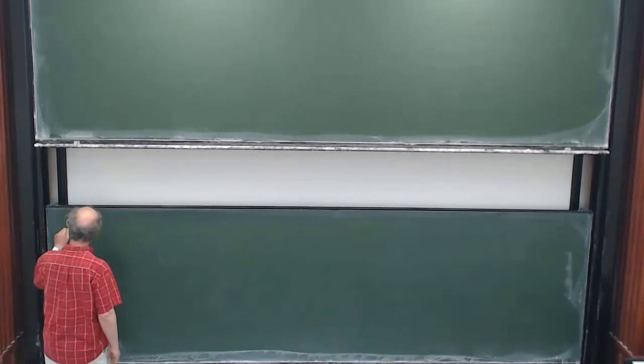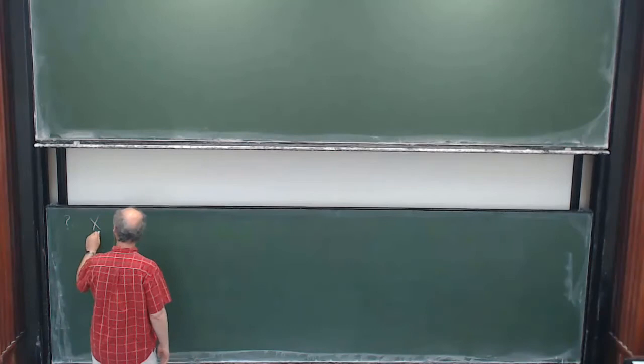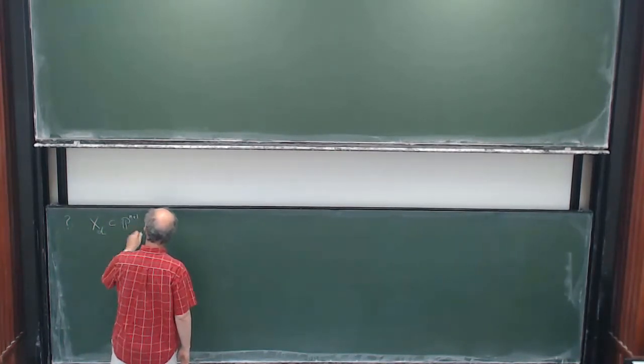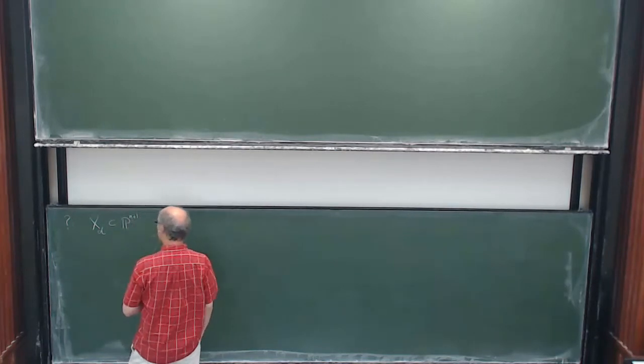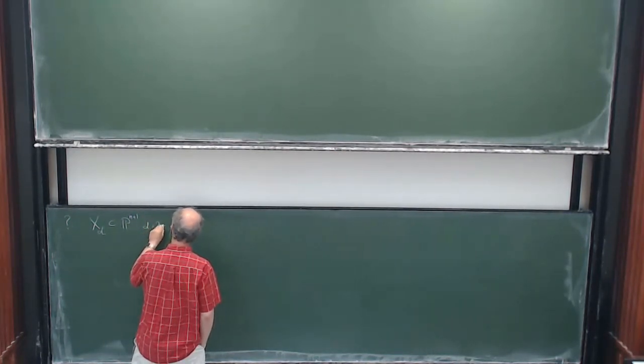So here's a question. You take X, a hypersurface of degree d inside a projective space. So it's dimension n, and let's say that d is equal to 2n minus 1.